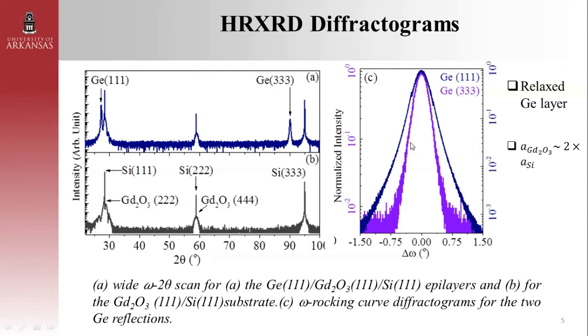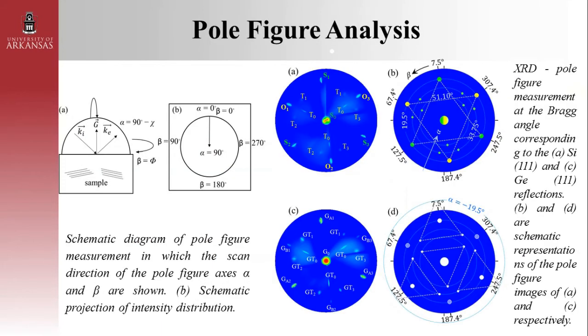Okay, now coming to a very important portion, which is XRD pole figure analysis. To probe the epitaxial relationships and structures of defects in the heterostructures on a global scale, systematic pole figure measurements were performed. Here the diffraction intensity is measured by rotating the sample in beta directions while keeping the diffraction angle fixed.